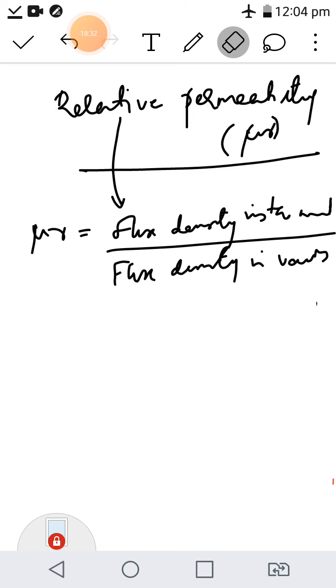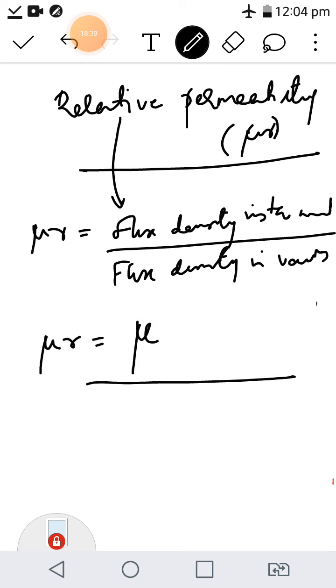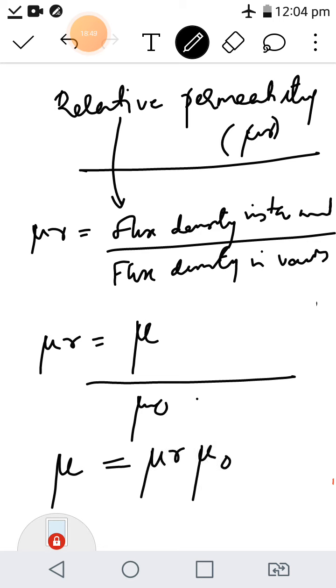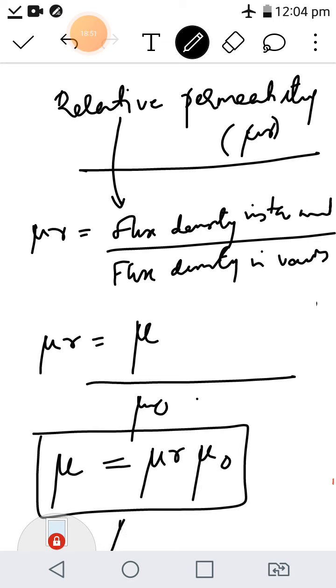So mu r is equal to mu divided by mu 0, where mu represents the permeability of the medium and mu 0 is that of vacuum. So the expression for any medium is mu is equal to mu r into mu 0, and the value of mu 0, that is the permeability of vacuum or free space, is equal to 4 pi into 10 raised to minus 7 Henry per meter.